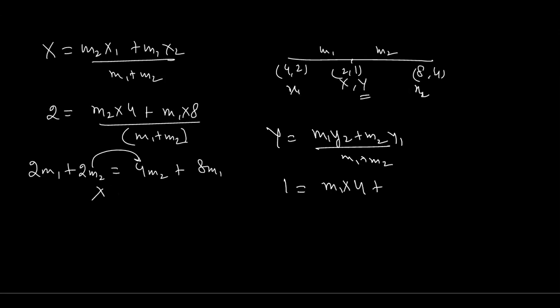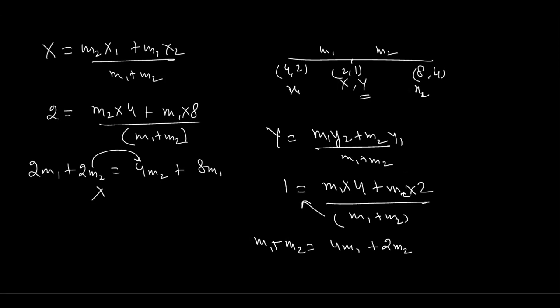So you have to write 4 m1 plus m2, y1 is actually 2. So you have to write here 2 upon m1 plus m2. So this will go to that side and will become m1 plus m2 equal to 4m1 and 2m2. Now take this m1 to that side and again they are coming in negative.